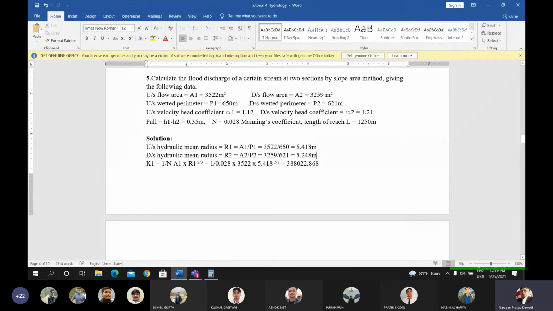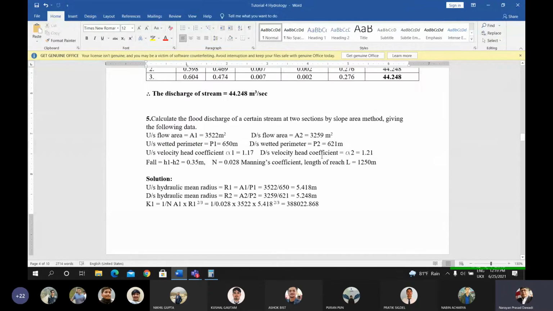After finding the hydraulic mean radius, we have to find the conveyance factor for sections 1 and 2.